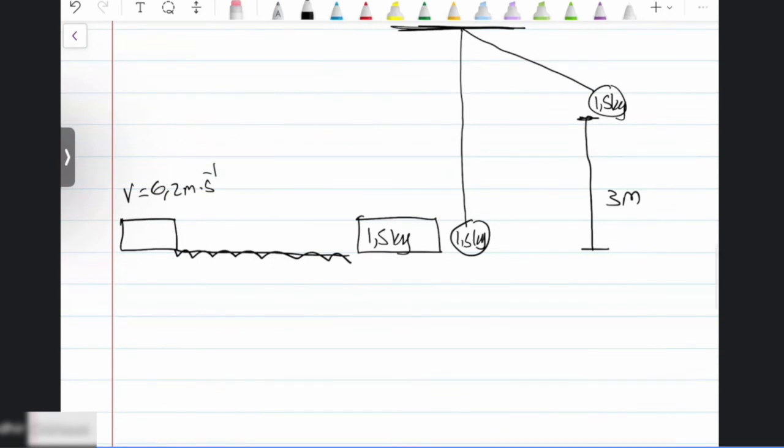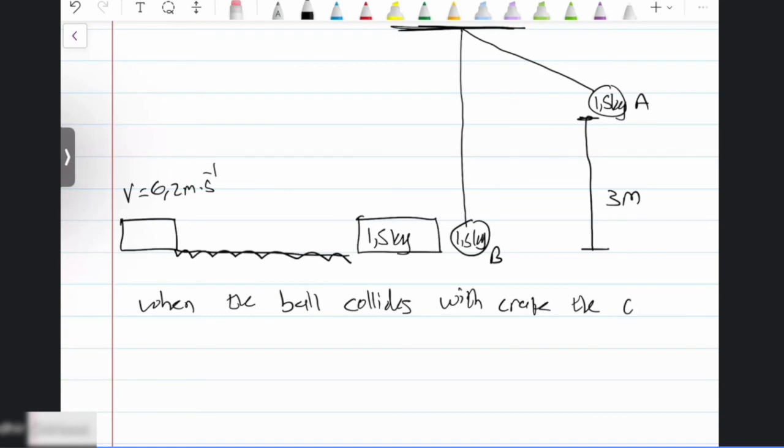Now in this situation, guys, let me just make sure you take this down first. They say that at point A, point B, when the ball collides with the crate, the collision is elastic.